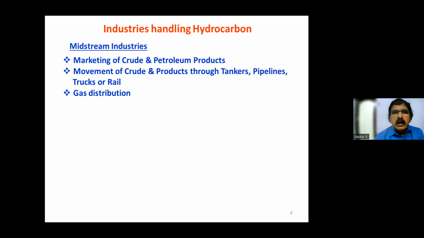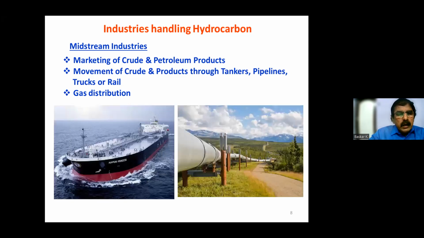And in the same way, the products are produced at one refinery at one end, and it has to be distributed to the user. So the midstream industry is taking care of all these activities. You can see here that the first one is a very huge crude tanker of around 150,000 metric tons capacity, where crude oil is being transported from the source to the refinery.